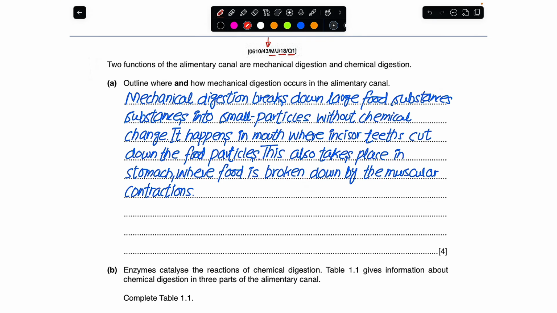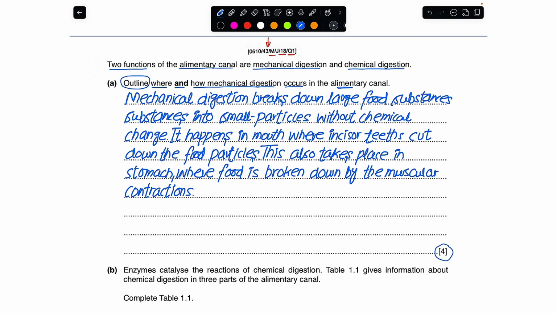What they are telling us is that two functions of the alimentary canal are mechanical digestion and chemical digestion, and they wanted you to outline where and how mechanical digestion occurs in the alimentary canal, and the total marks were 4.